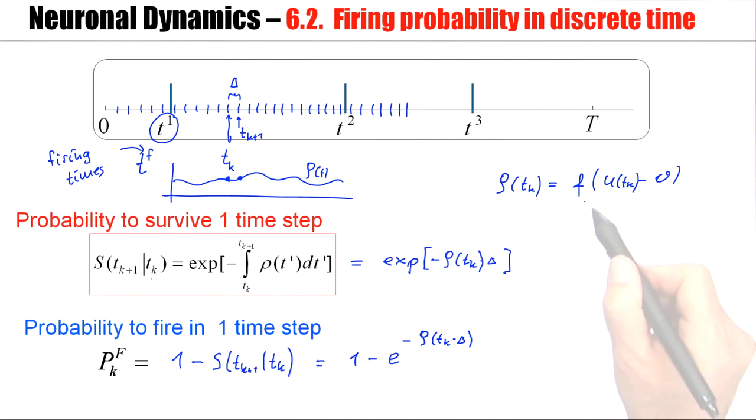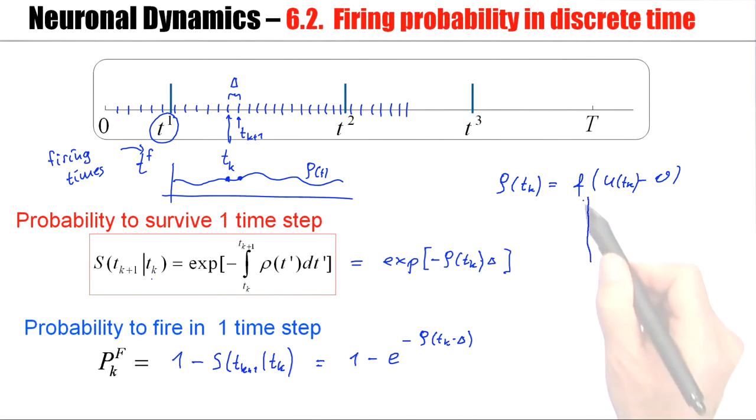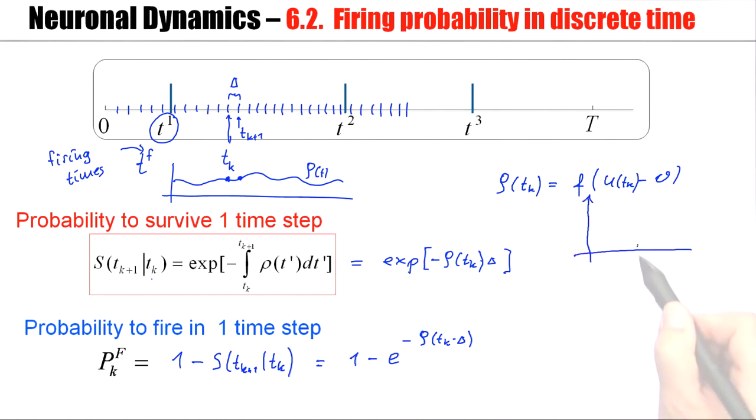We have seen that this function f may explode for u larger than theta. It just goes up to infinity. It does not saturate.